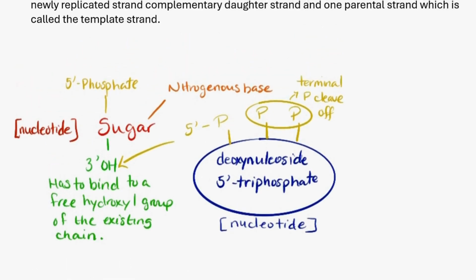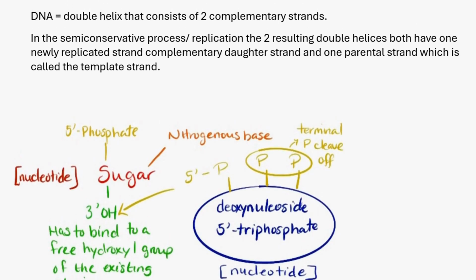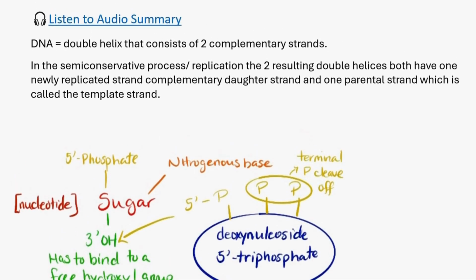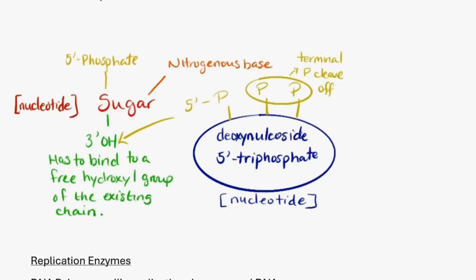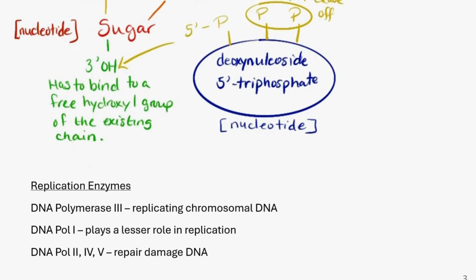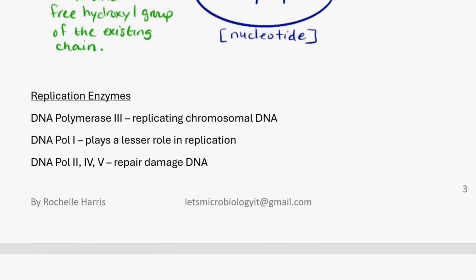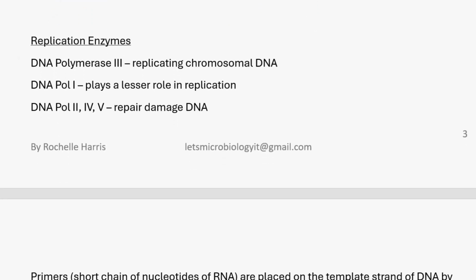A loader protein assists in the placement of two helicases, one on each strand, oriented in opposite directions. Primase synthesizes short RNA primers on the template strands, which serve as a starting point for DNA polymerase III, the primary enzyme responsible for synthesizing new DNA.